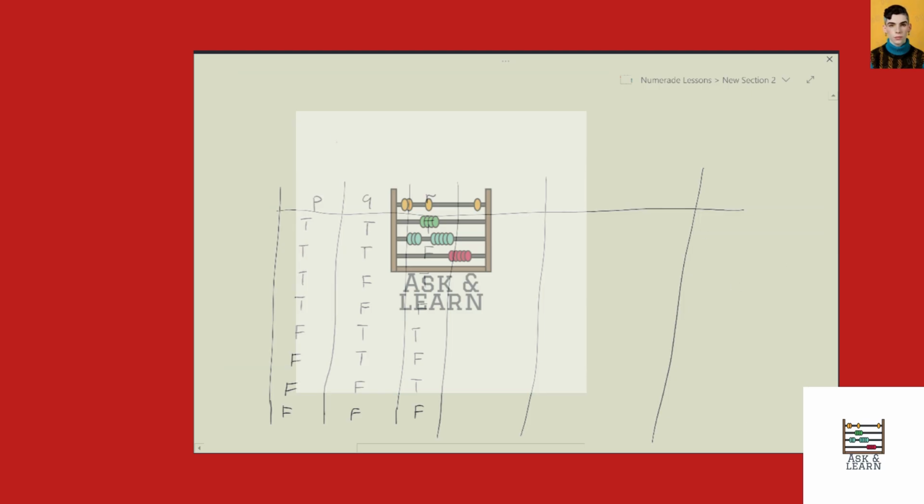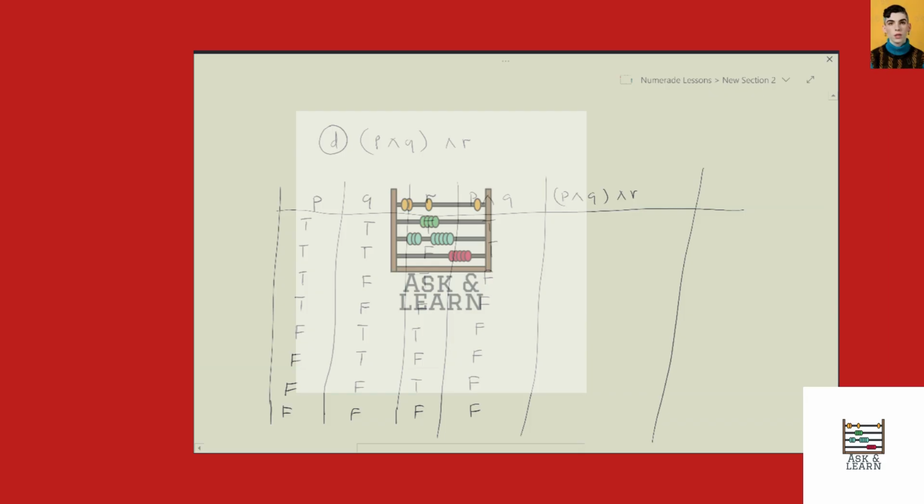Here we have the D part, that is P or Q or R. So let's deal with the P or Q first. Here we have true, true, for all of them are true, false, false because we haven't even one of them. None of them is true, so we have false.